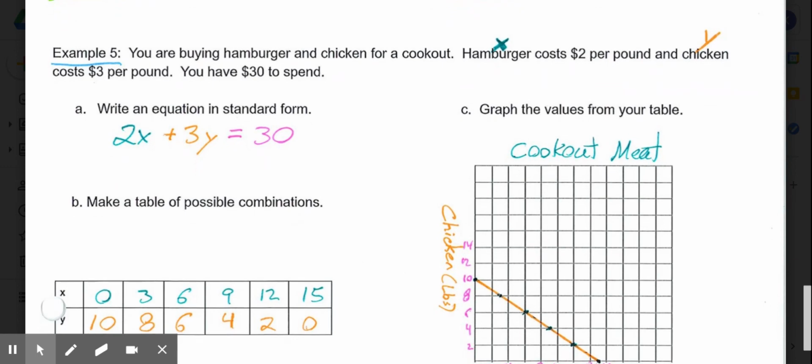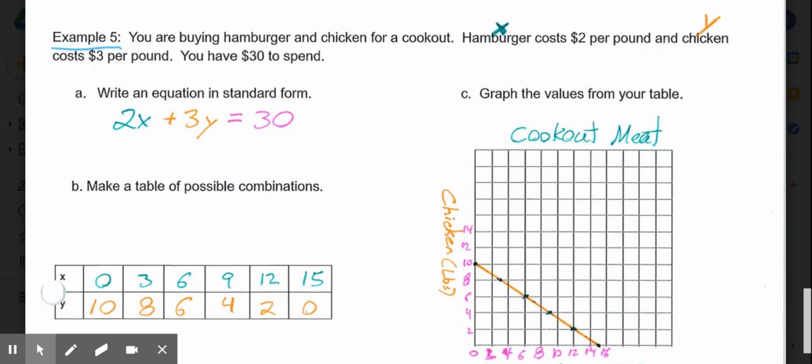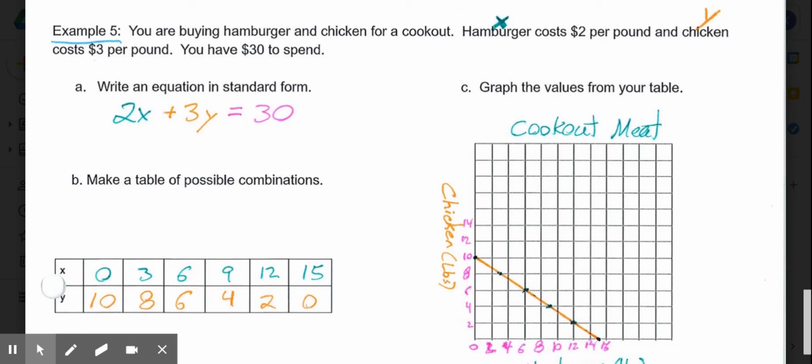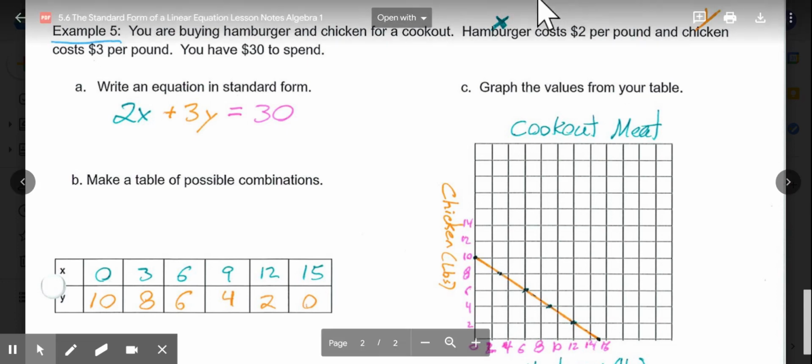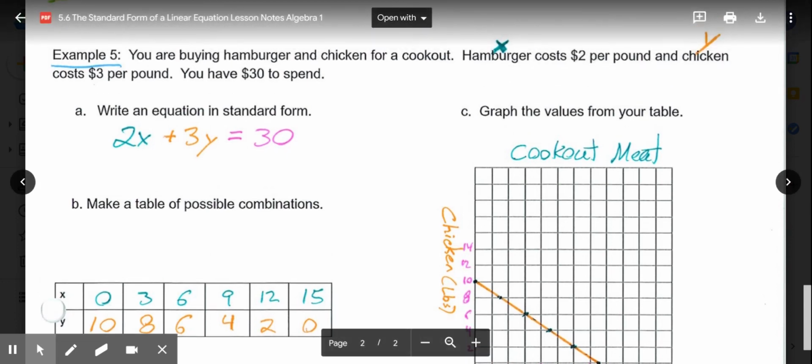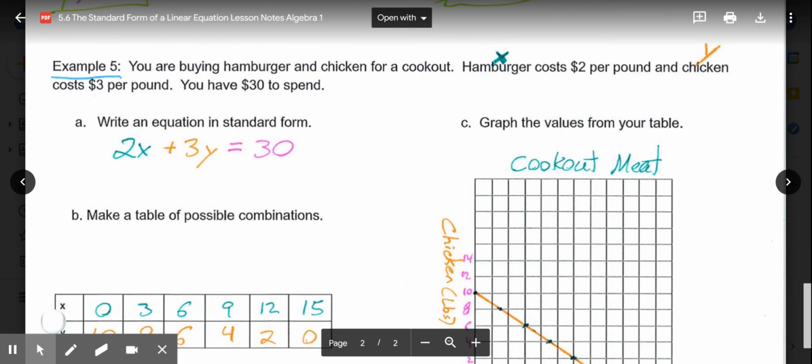And now we get to our last example. Example 5 says you're buying burger and chicken for a cookout. Hamburgers cost $2 per pound, chicken costs $3 per pound. We have $30 to spend. So in this case, I need to write an equation in standard form.